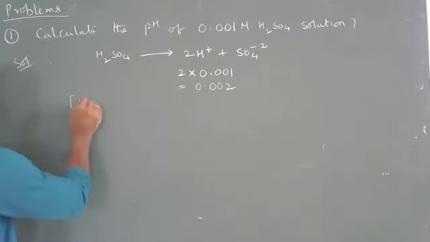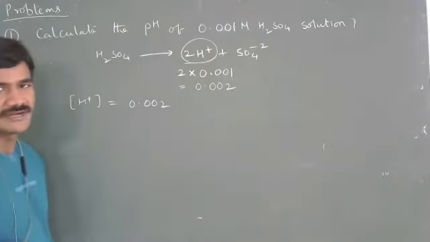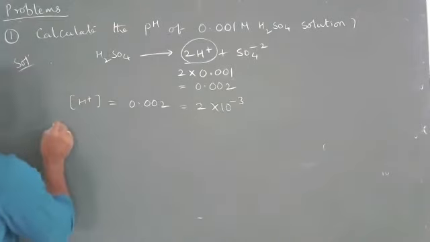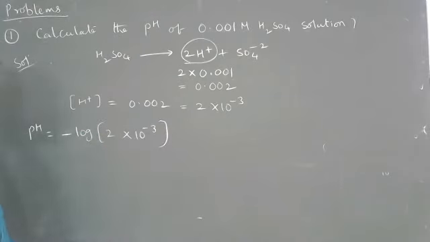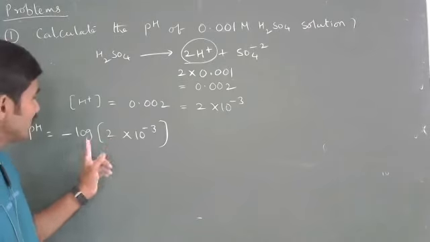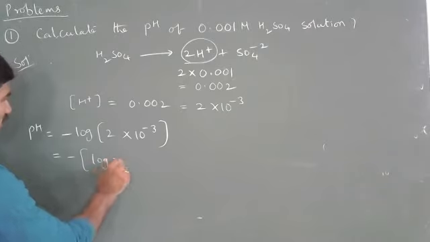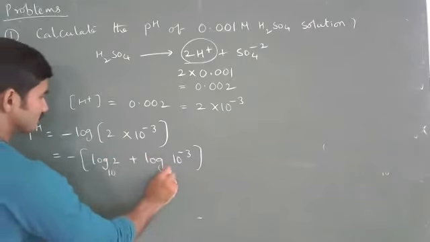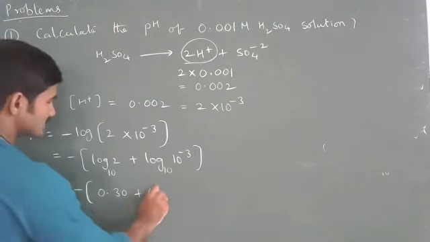So the H plus concentration should be 0.002 because it contains 2 hydrogens. So I should write this as 2 into 10 power minus 3. Therefore pH is equal to negative logarithm of 2 into 10 power minus 3. So this is log A into B. What is the log A into B formula? Log A plus log B. So I write this as log 2 plus log 10 power minus 3. Log 2 value is 0.30 plus minus 3.